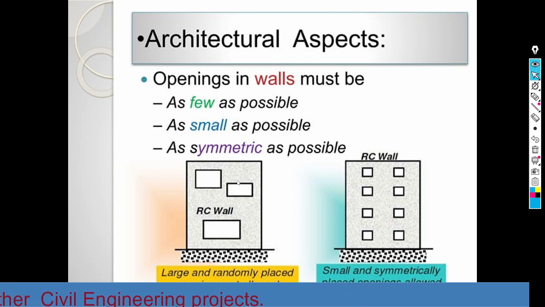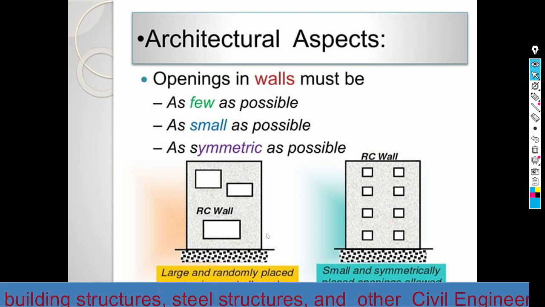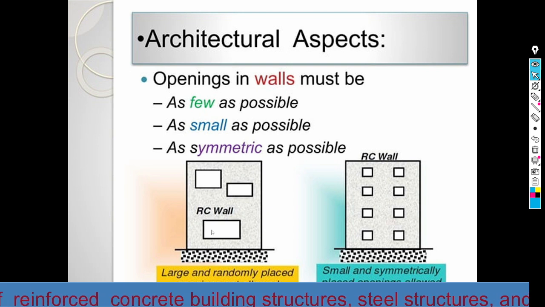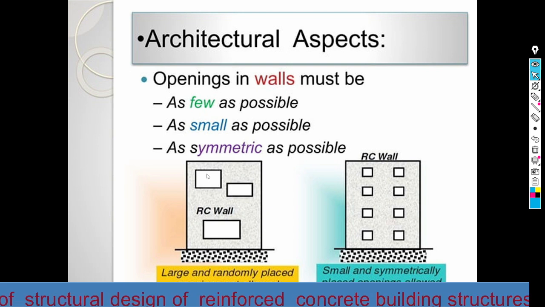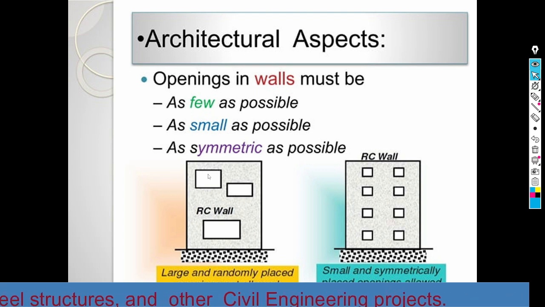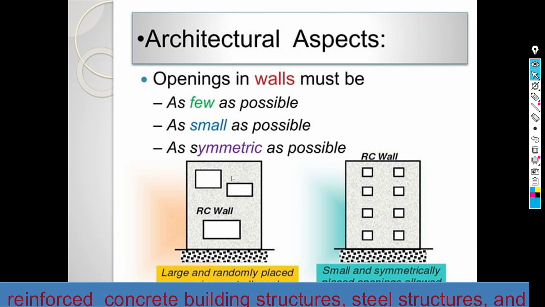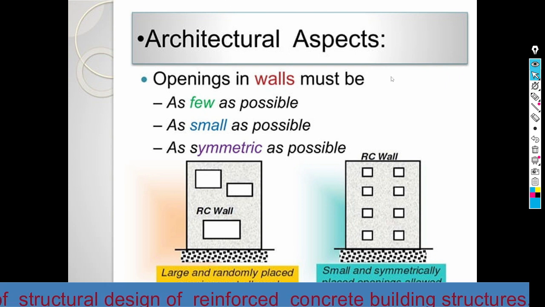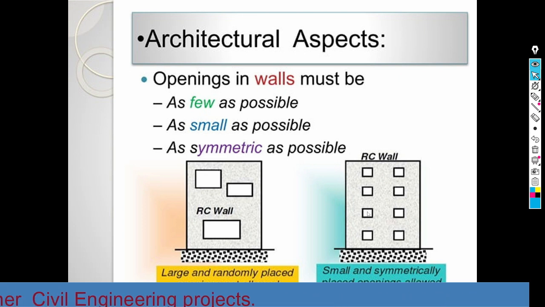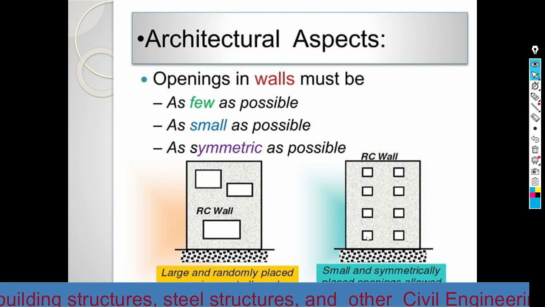So for example, if we see this building, large and randomly placed openings are provided on the faces of the wall. So we need to avoid using such kind of arrangement as much as possible. One, we need to reduce the size, and the second one is we need to use a small number of openings. And here, if we see this one, the arrangements are symmetric and the sizes are small.